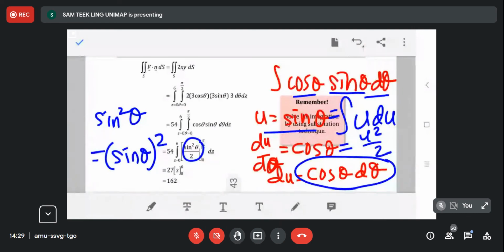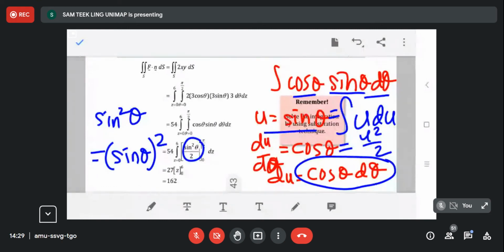Yes, your limit is based on your picture. The question will give you the limit for your Z, from where to where. Then your theta is based on your picture.